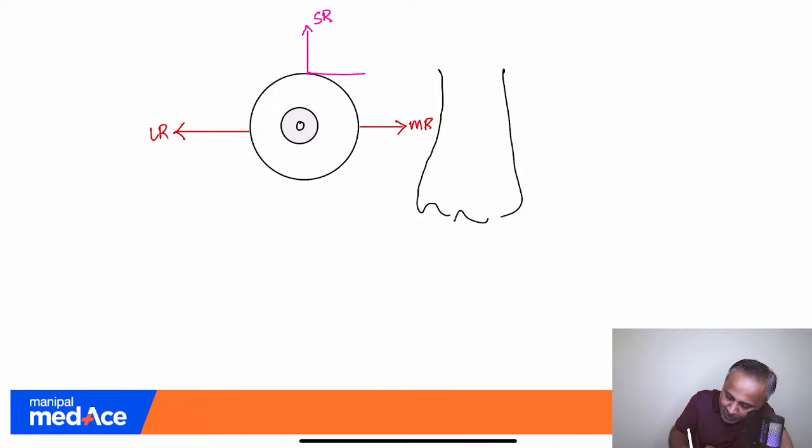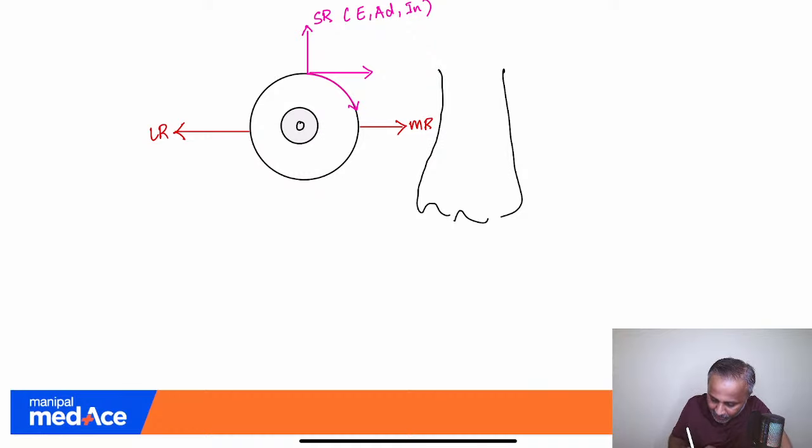Remember, this can bring about adduction of the eyeball. Okay. Then it can also bring about intorsion. Now what do you mean by intorsion? When the eyeball rotates towards the tip of the nose. Okay. So actions of superior rectus include what? Elevation, then adduction, and then intorsion.